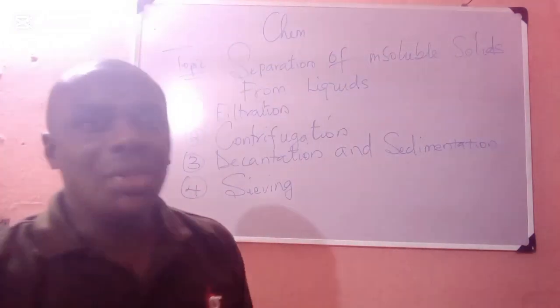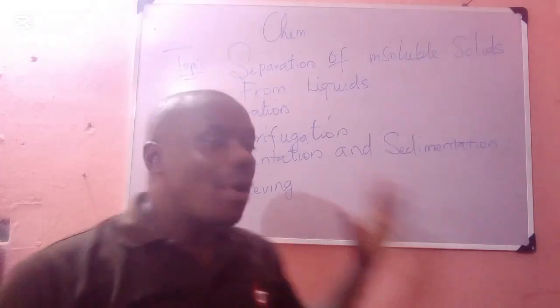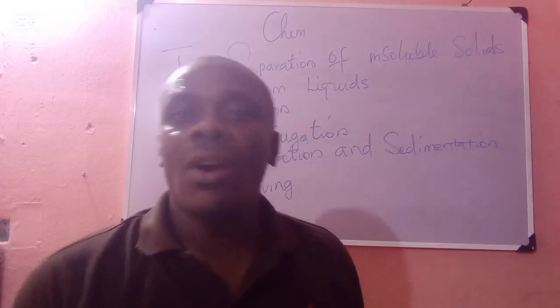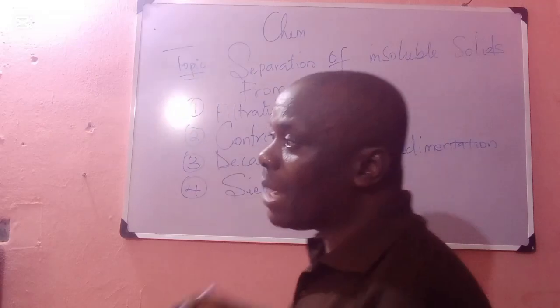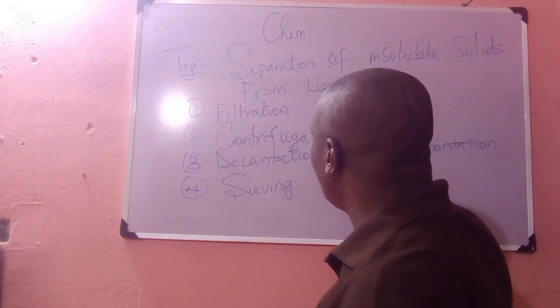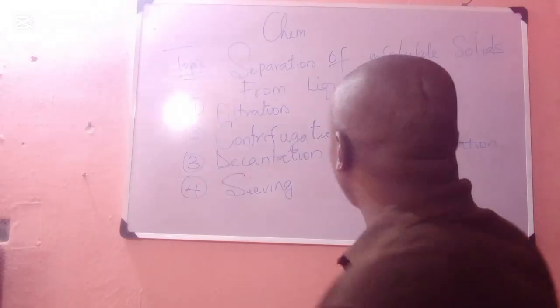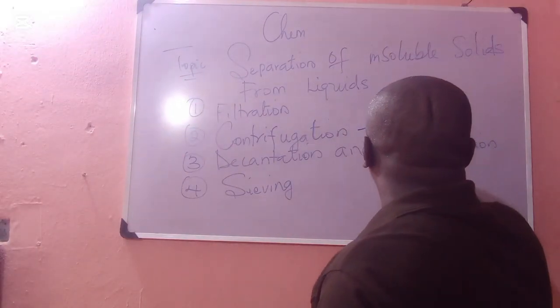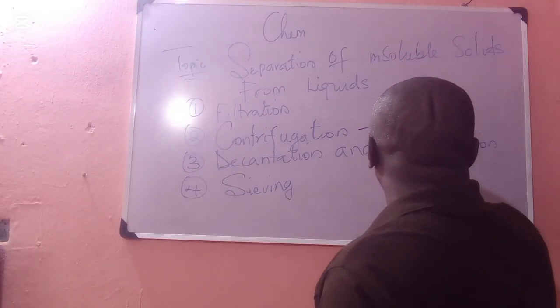Despite the nature of the liquid, we have these four major methods that you can use, just like in the laboratory. In the medical lab, they always use centrifugation for blood serum.